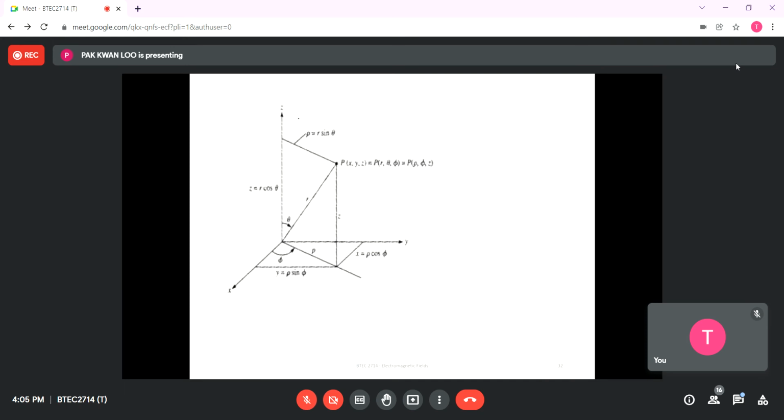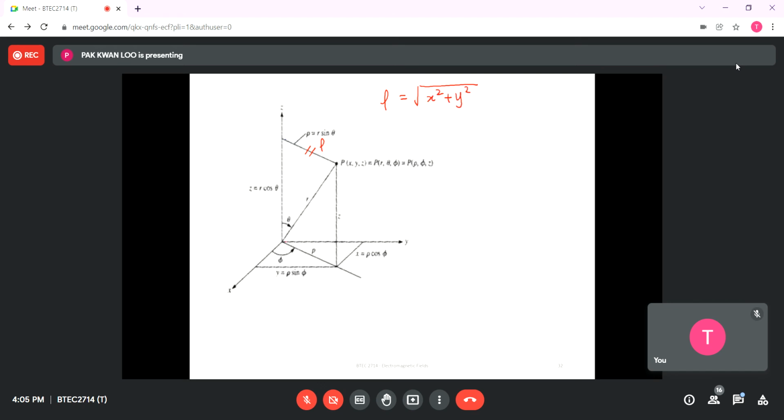All right. So this length here is rho. Yeah. This length here is rho. I will mark it with the color red. All right. This length here is rho. Okay. Rho is actually the square root of x squared plus y squared.